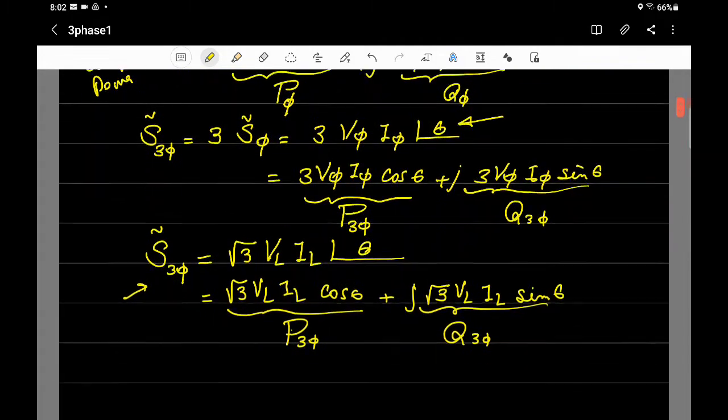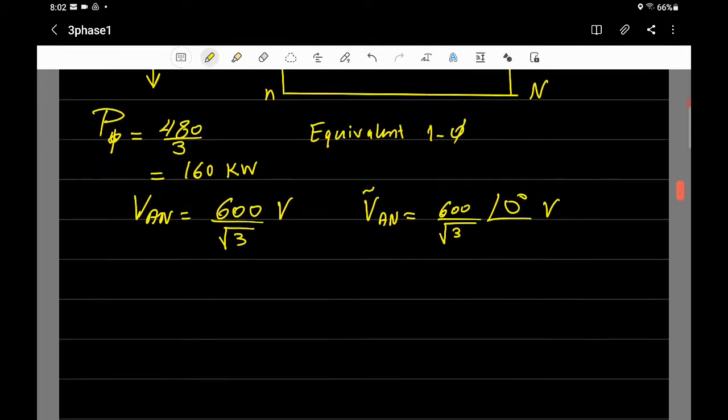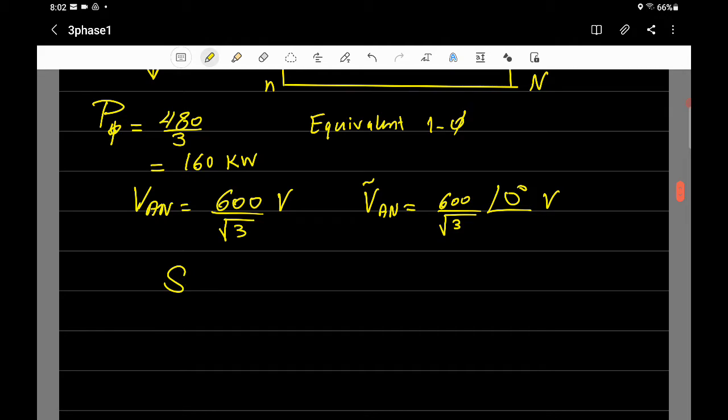Great. So this is a useful relation. I'll say S_phi for one single phase is equal to V times I, and now I'm talking about the phase voltage V_AN and the current I_A. That's the magnitude, that's the apparent power. Well, do you know the voltage?